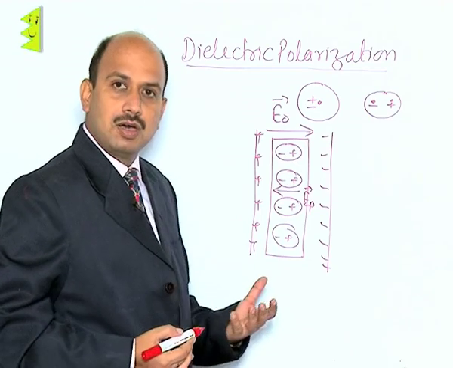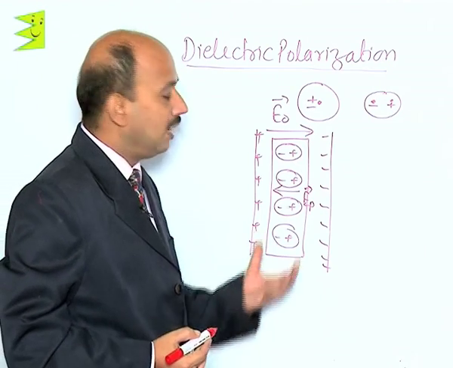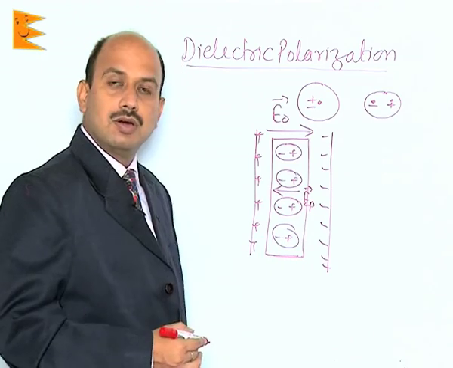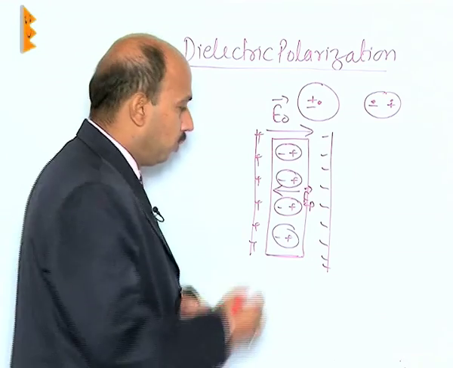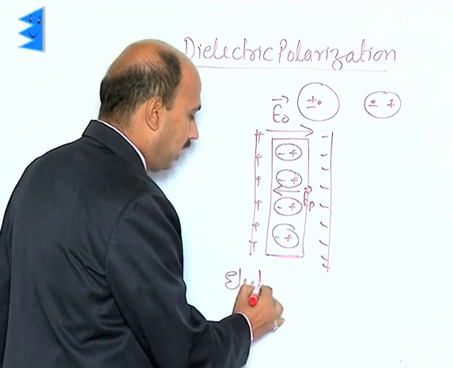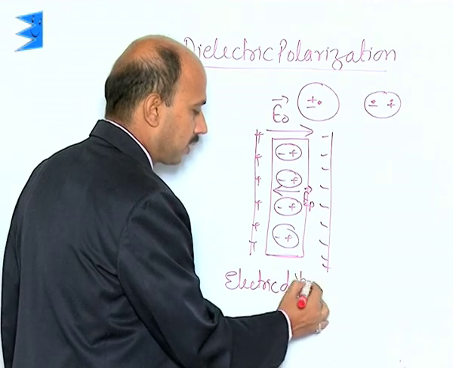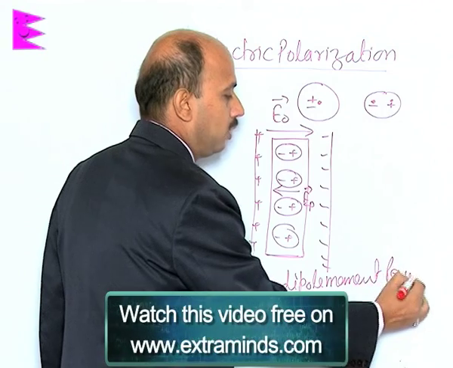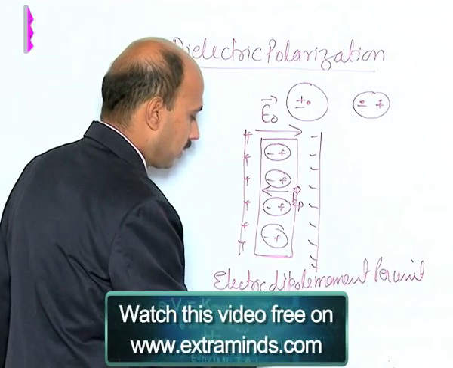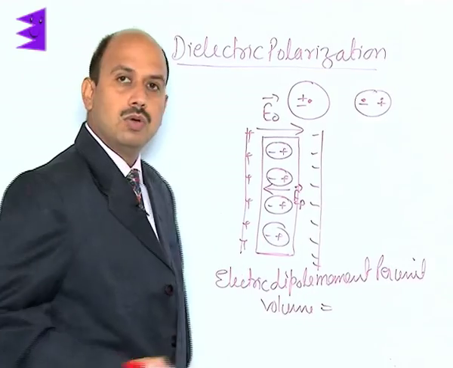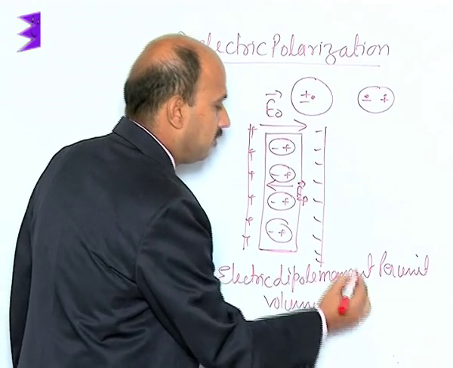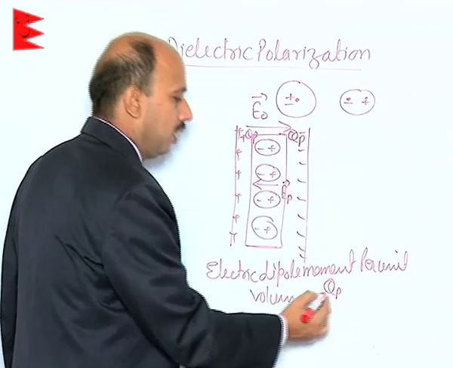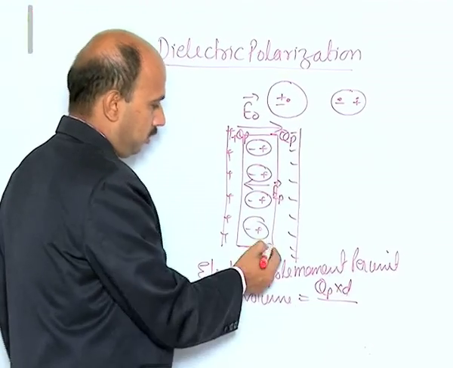The area of the dielectric is A and the distance between the plates, or the width, is D. Then we can write the electric dipole moment per unit volume as equal to QP, the induced charge over here, this side being plus QP and this side minus QP, into D, the width of the dielectric.